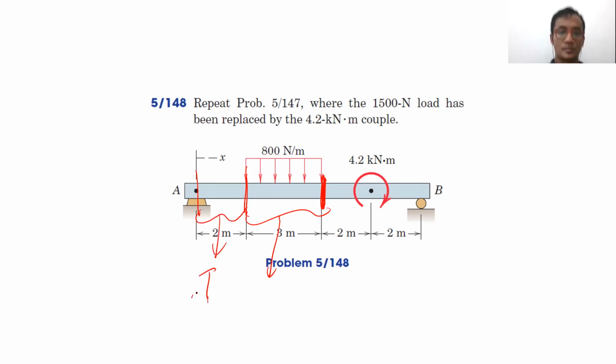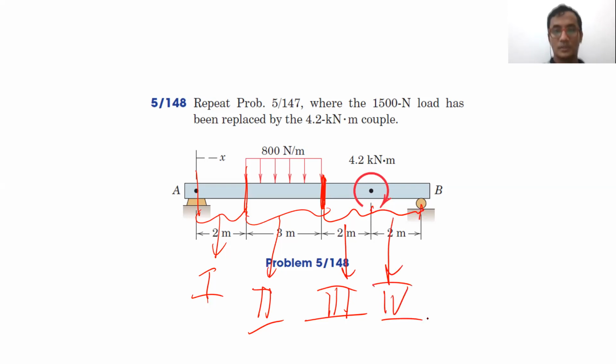So this is the first part. This is the second part. Now, from this to this, it will be the third equation. And the last one, from this to this, it will be the fourth equation. You can see here, from this point to this point it's continuous because nothing is there.